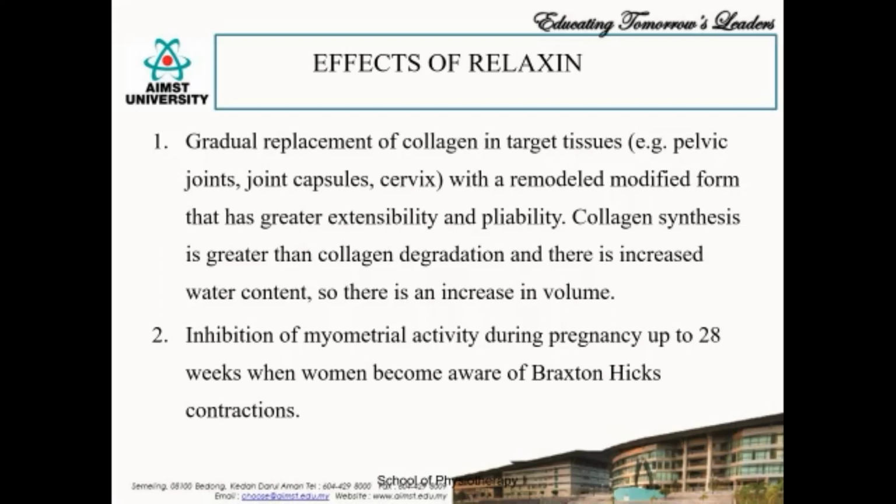If there is any activity, the muscle will undergo contraction and the baby will be aborted outside. To inhibit this effect, this relaxin hormone is very important. Till 28 weeks, the relaxin hormone will be inhibiting this particular activity so that they won't get any miscarriage or abortion.